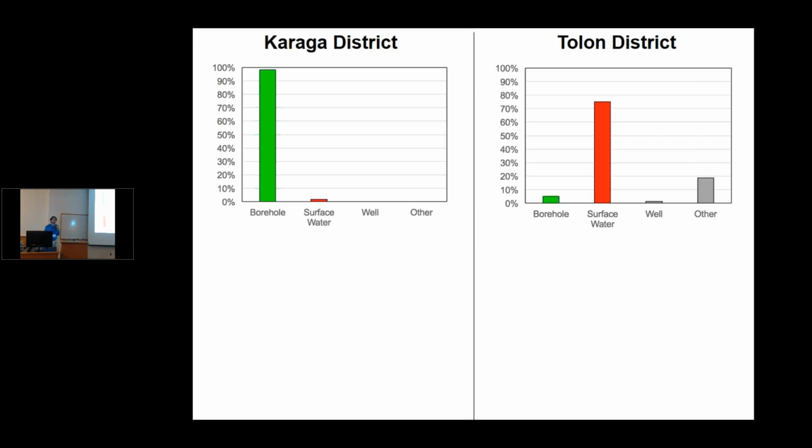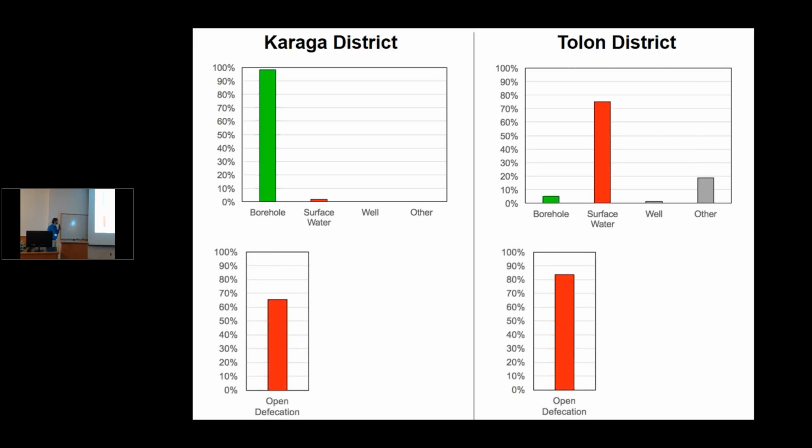At the same time, these two districts were relatively similar in their levels of sanitation. Unfortunately, there's a lot of open defecation in these two places. They're also similar in terms of the responses that the survey got related to health. The other major difference relates to drinking water treatment, which matches up pretty well with the types of sources that people are using.